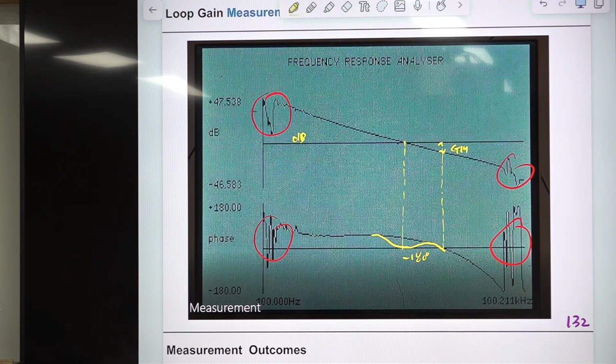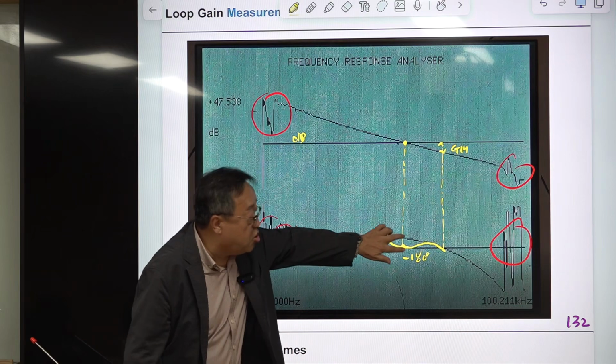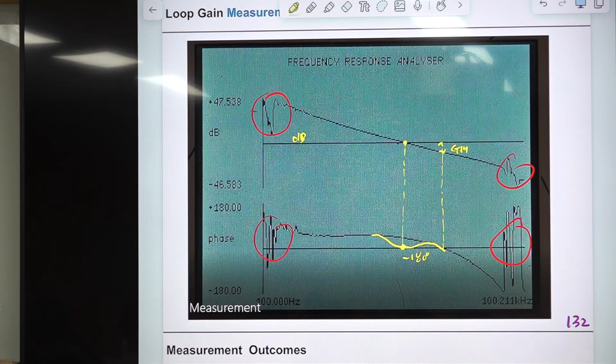Then it reaches this line, where it becomes minus 180 at this point, and it becomes 0 dB. Then the system becomes marginally stable. Then you have this much margin. So in terms of phase, we have this margin. This is PM, phase margin, and gain margin.